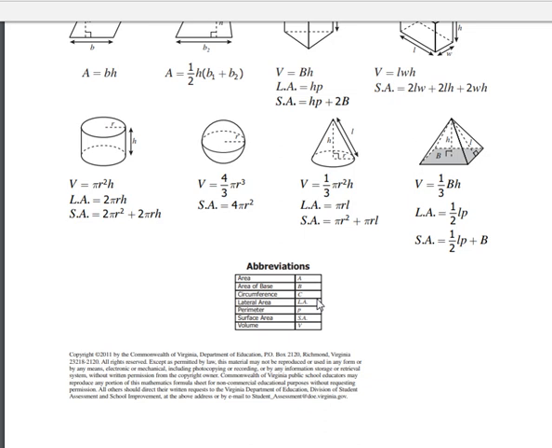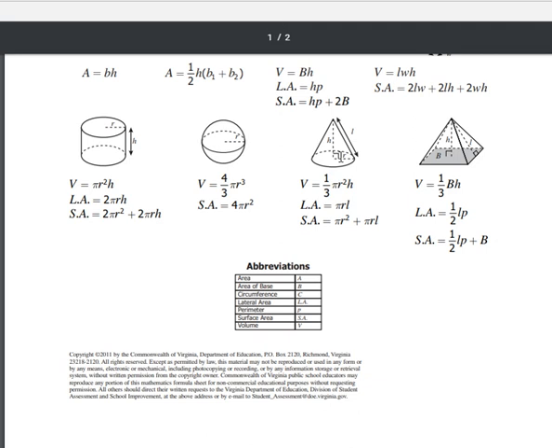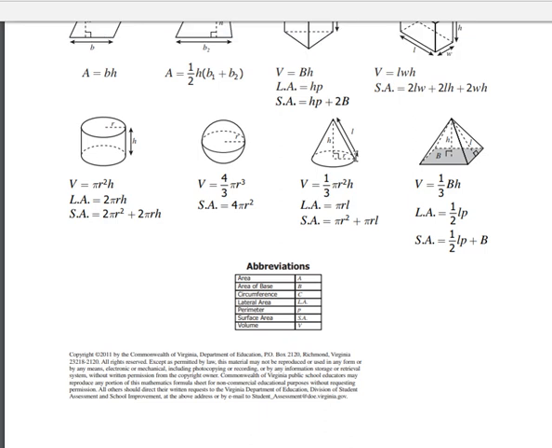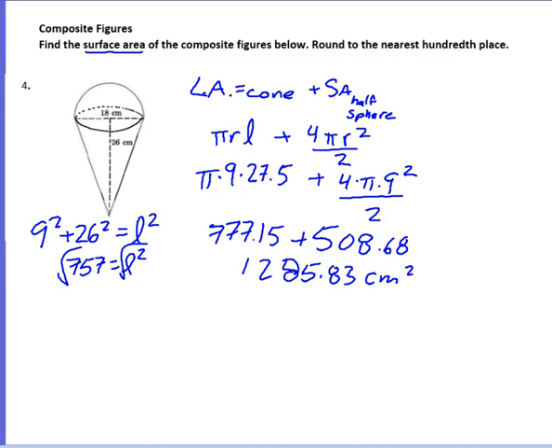Lateral area is when you're finding the area of all the sides except the bases. So like in this pyramid here, the lateral area would just be the area of all the triangular sides, but not this bottom part. So in a cone, it's sort of the top pointy part and not the circle. So we're essentially excluding the circle from the surface area.